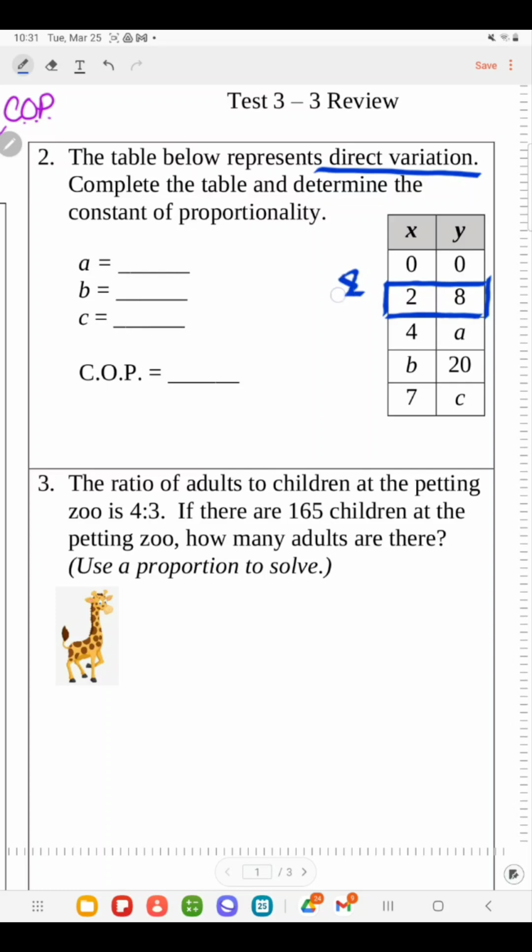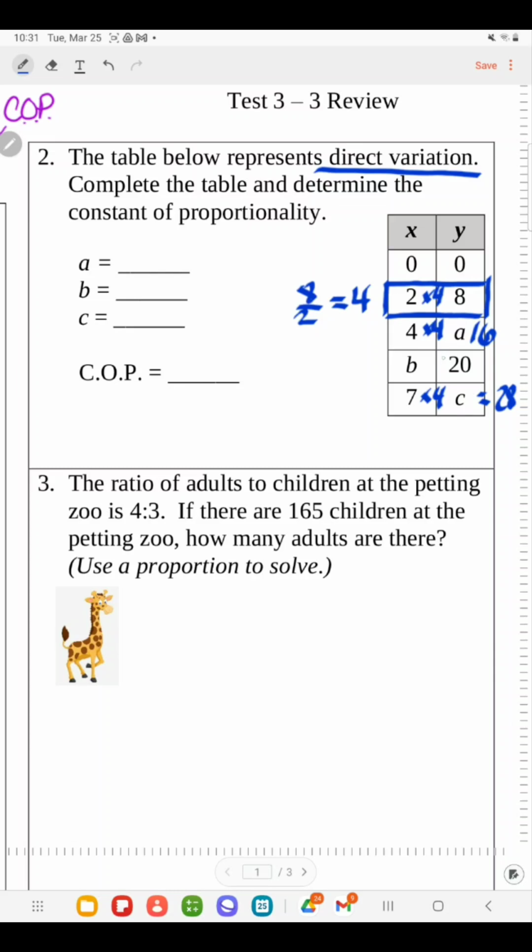We got 8 over 2, and that would simplify to just 4. And then we know that we're multiplying by 4. To get from 2 to 8, we go 2 times 4, and that equals 8. 4 times 4 means A would be 16. 7 times 4 means C would be 28.